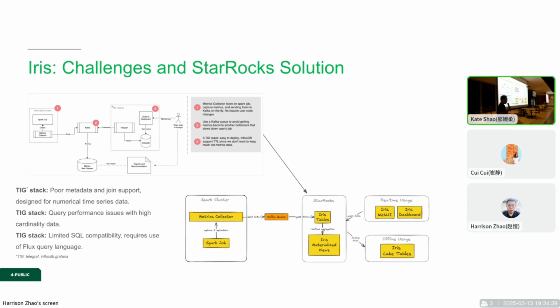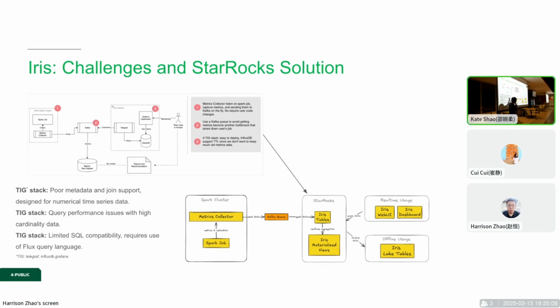We cannot do it in InfluxDB because joining performance is very poor for SQL-style queries, since the query language designed by InfluxDB is called Flux. So we needed to find another way to solve the issue and improve our system. Then we came to StarRocks last year.